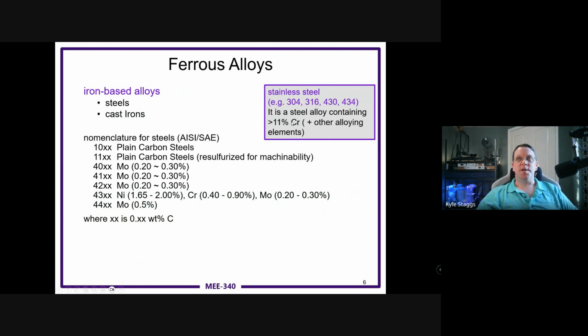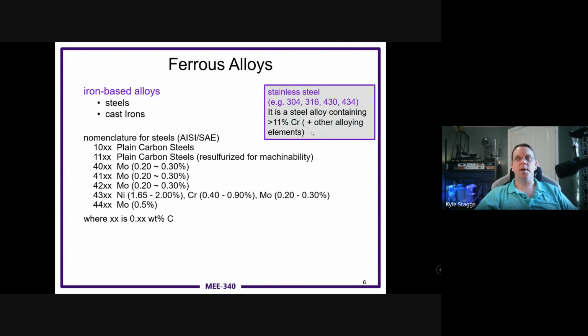More than 11% chrome is the stainless. So there's also other alloying elements, and depending on what the end application is, you need these different grades of stainless because of particular temperature characteristics. They have differing amounts of chrome as well as typically nickel and molybdenum. But chrome is the primary thing that distinguishes a stainless.